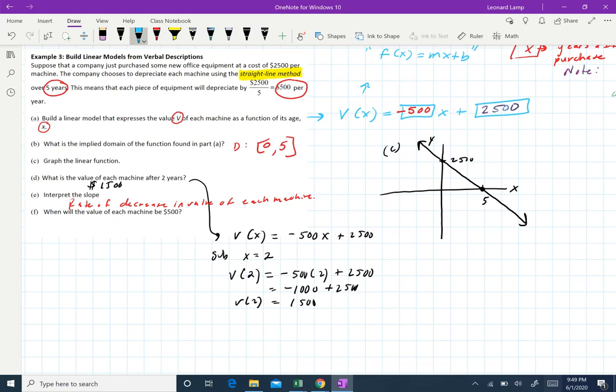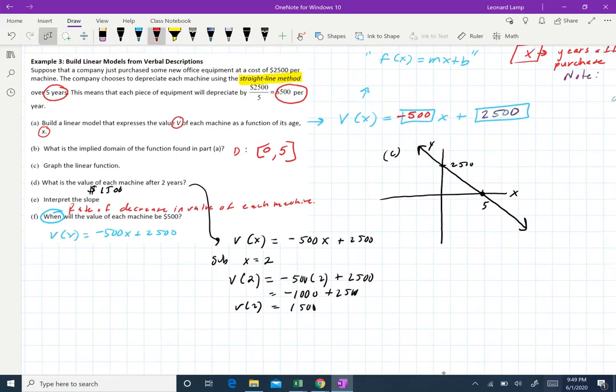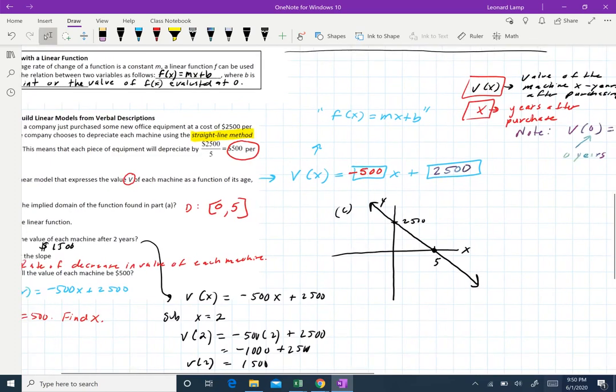So again, we found v of x to be this function here. If the value will be $500, that means v of x is equal to 500. They want you to find x, right? Because x represents years after the purchase.